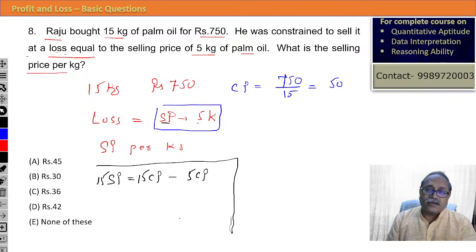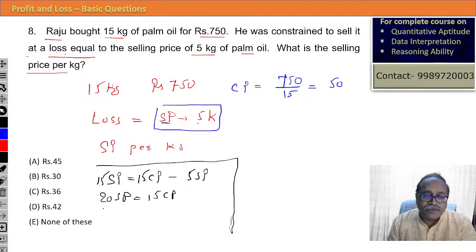We replace it like this. If you don't understand, do call for 1-to-1. Nilambar sir, we will keep a class for you too. So this is the selling price, 5 kg selling price. This is the equation. Now you can see that when minus 5 comes over here, it will become 20 SP is equal to 15 CP. So what is the SP by CP ratio?